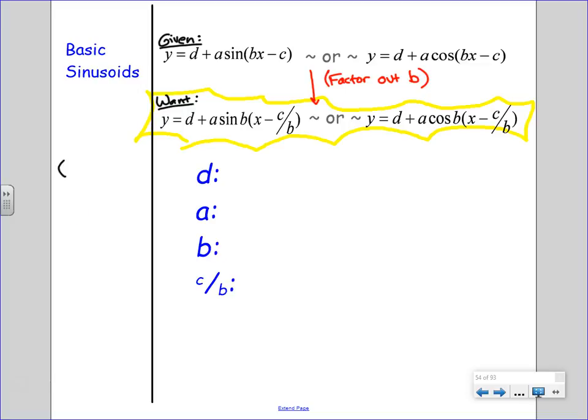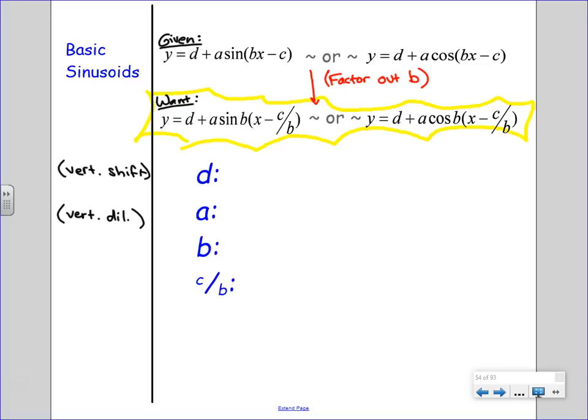If there was a plus on the outside of a sine or cosine, we would call that a vertical shift, right? That's the old way of talking about it. A, if there was a number multiplied on the outside, we would call it a vertical dilation, which could be stretch or compress, which is why I don't like to use those when I'm generalizing.